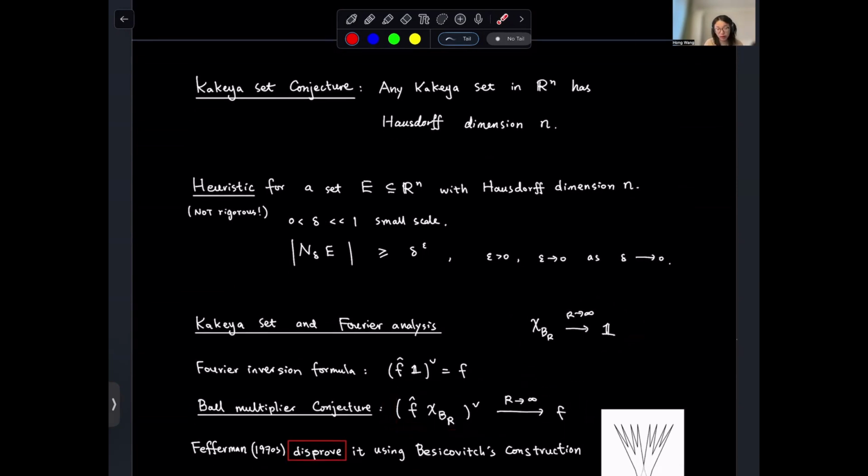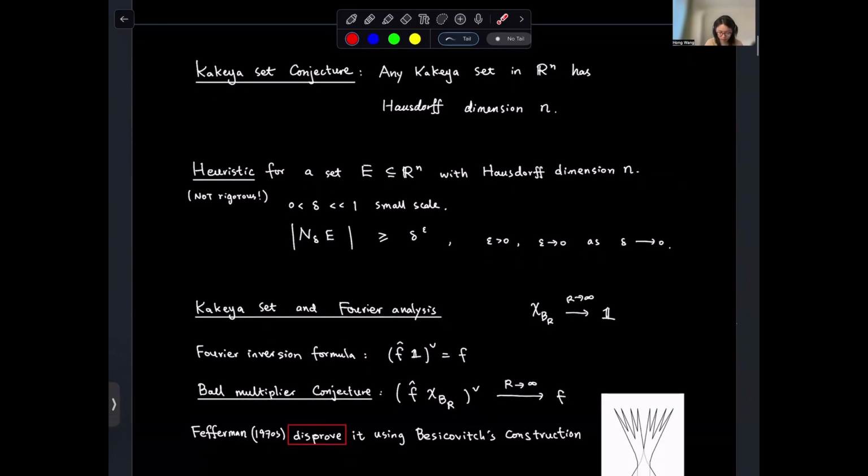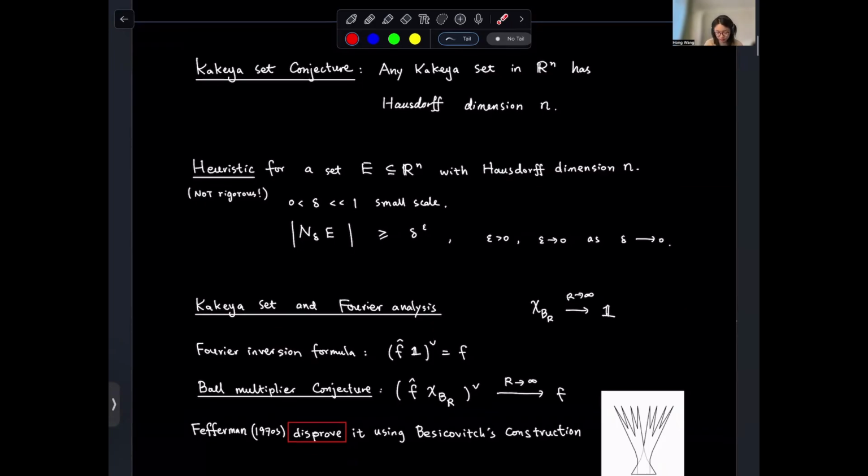It was a big surprise when Charlie Fefferman disproved the ball multiplier conjecture for a large class of functions in the 1970s using Besicovitch's construction. The key to Fefferman's counterexample is that there exists a zero measure Kakeya set.